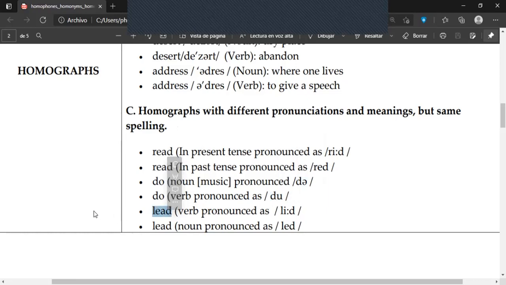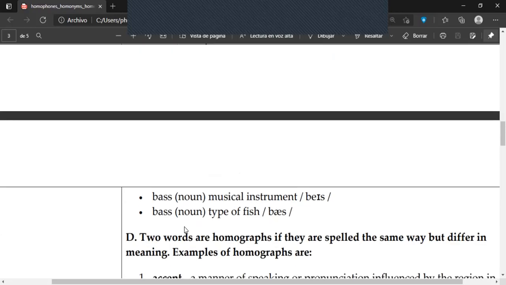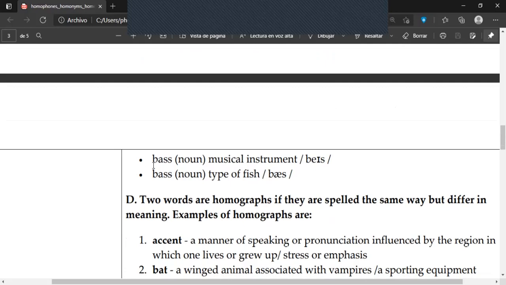Then you have the verb lead. As a noun, it is pronounced led. Lead, led. And this word right here, as a musical instrument, is pronounced bass. He plays the bass.